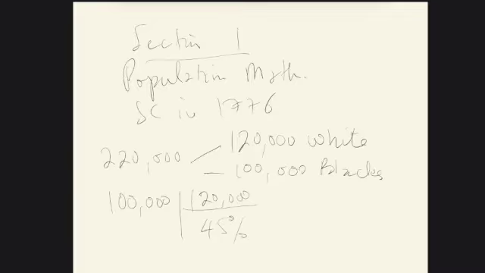So that was section 1. So section 2, we are going to look into Charleston math. Okay.